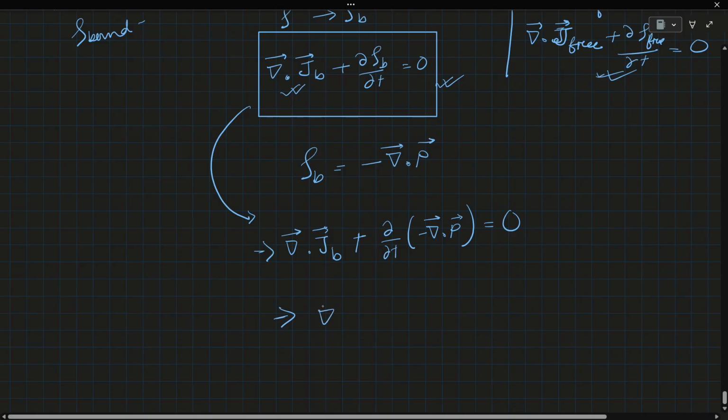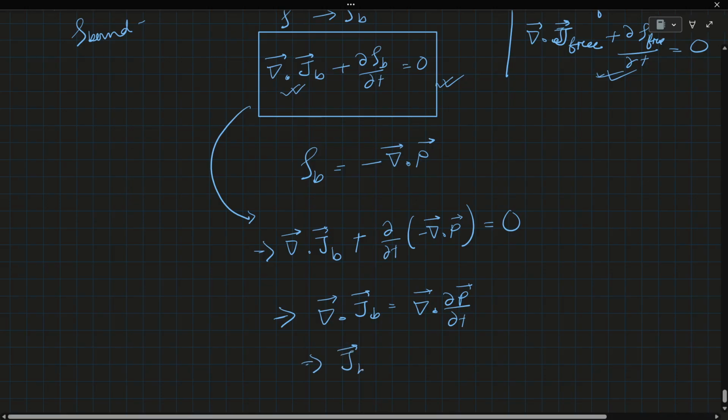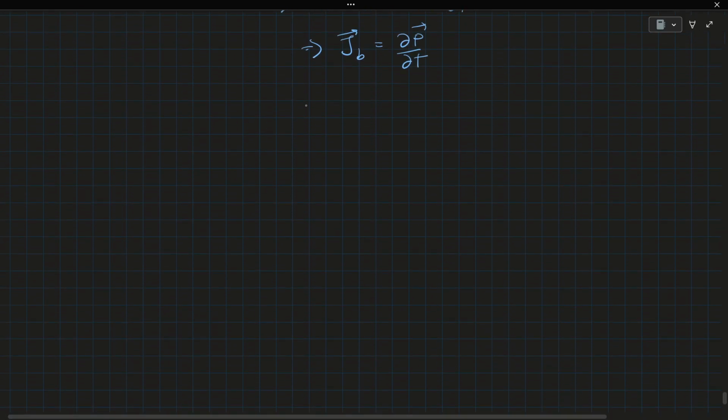So divergence of jb equals, taking the negative side, del p by del t. So jb can be written as del p by del t.